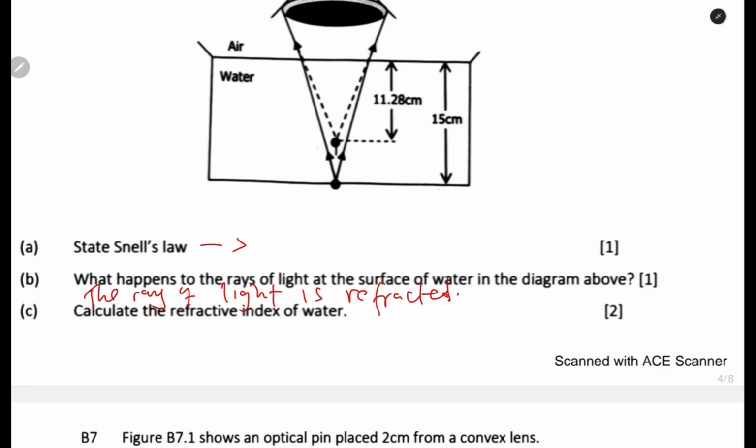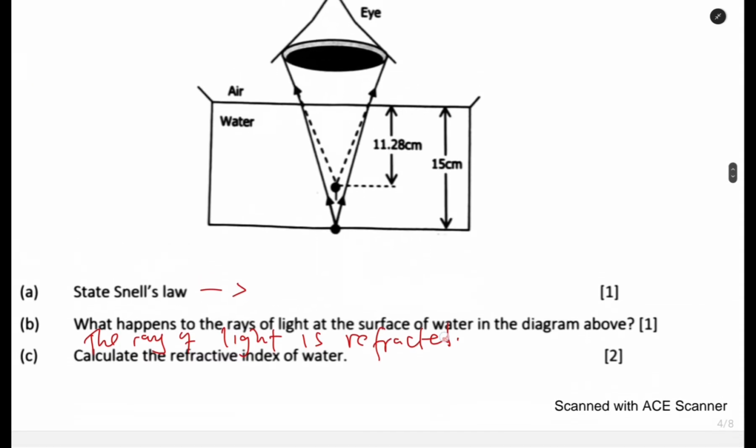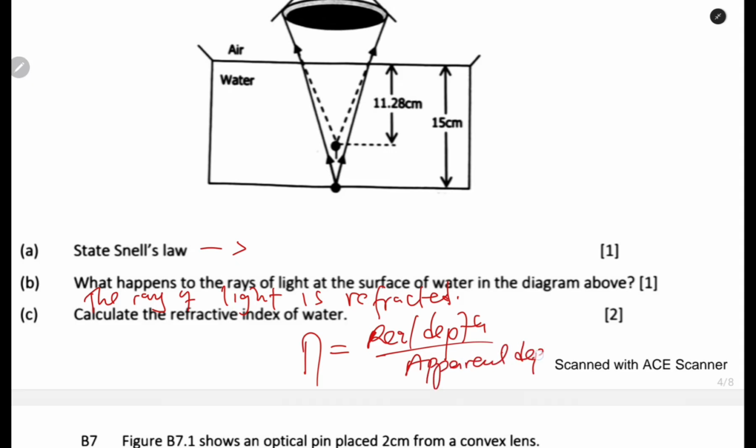Calculate the refractive index. Now, we are finding a new question here in terms of calculating refractive index. Where we are coming from, we are using angles, but this time around we are going to use refractive index equals real depth divided by apparent depth.